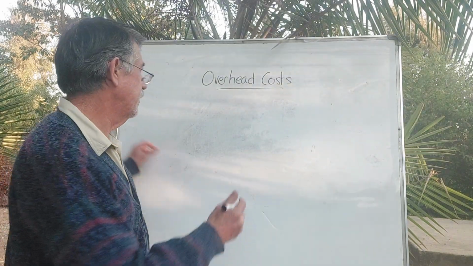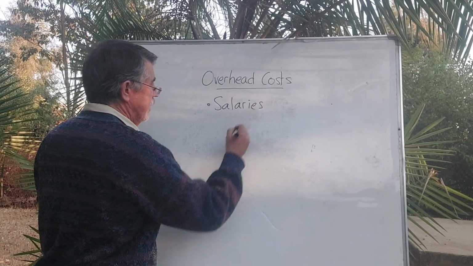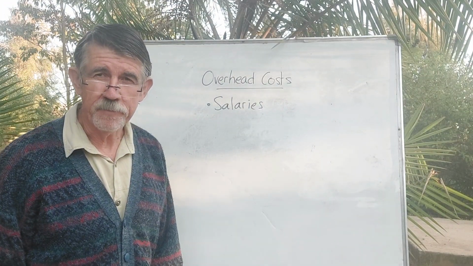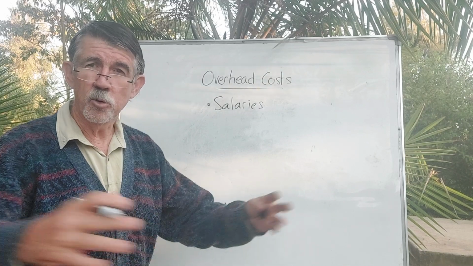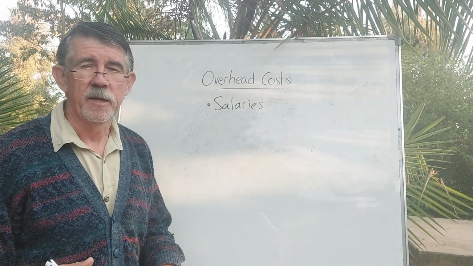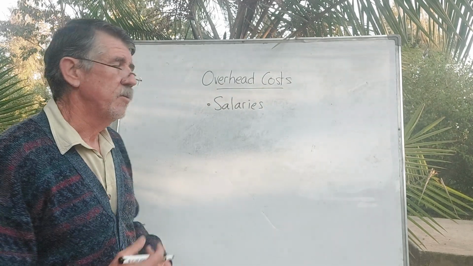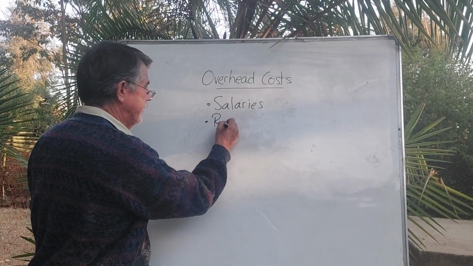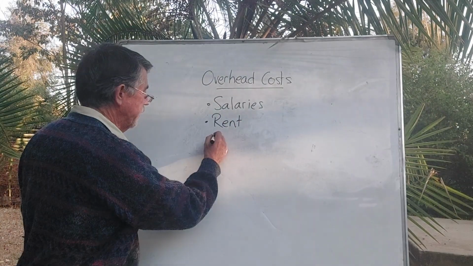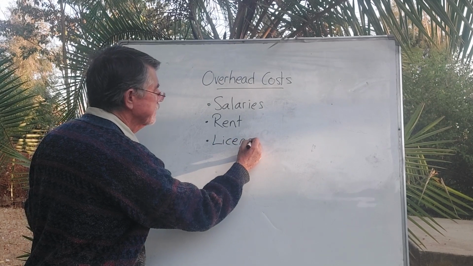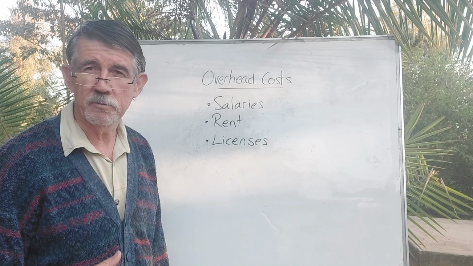So the costs here are things like salaries. You have to pay yourself something, and you might be using your skills and expertise on all your farming operations and not just on one thing. So you have to give yourself a fair wage. We have to think of things like rent. If you are renting your land, sometimes we have licenses to pay to the local council or whatever.